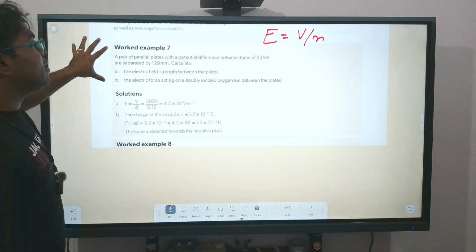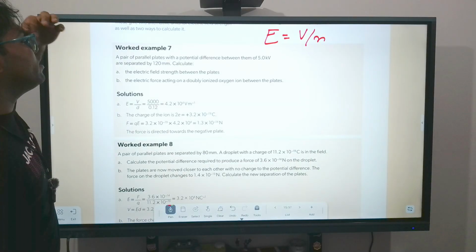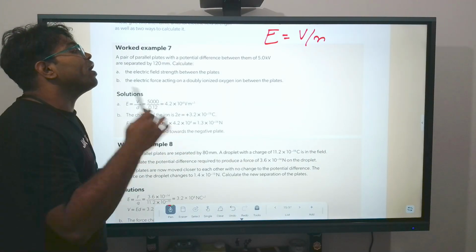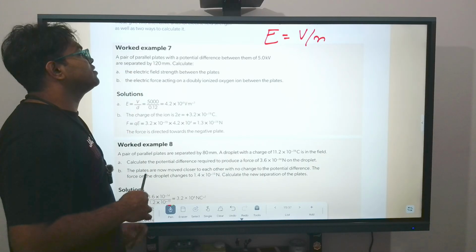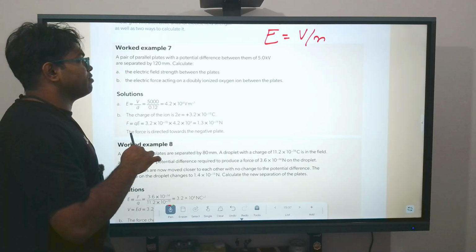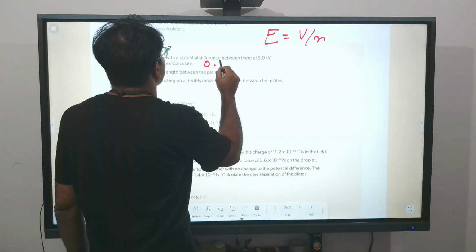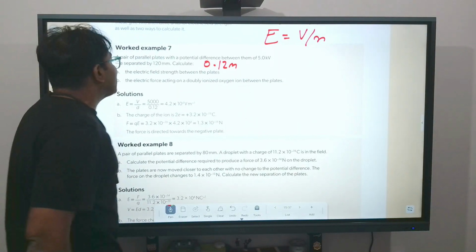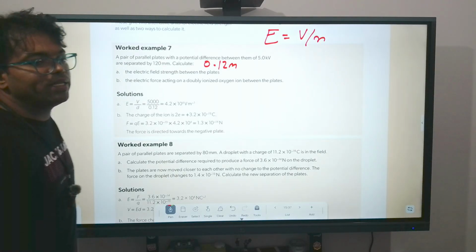A pair of parallel plates with a potential difference between them of 5 kilovolts are separated by a distance of 120 millimeters, or 0.12 meters. Calculate the electric field strength between the plates.